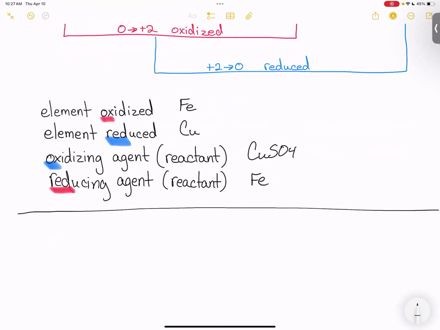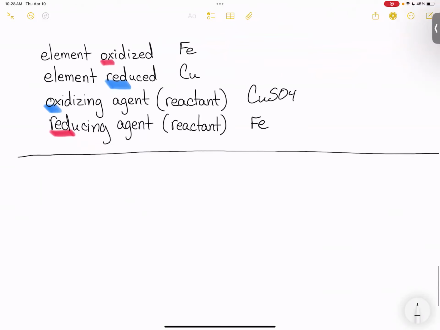Single displacement reactions and synthesis reactions are quite easy to figure out who's oxidized and who is reduced, especially once you develop the net ionic equation. But redox reactions can get more complicated.